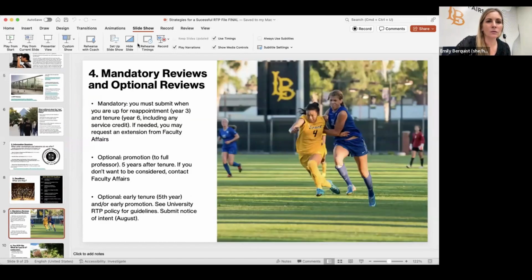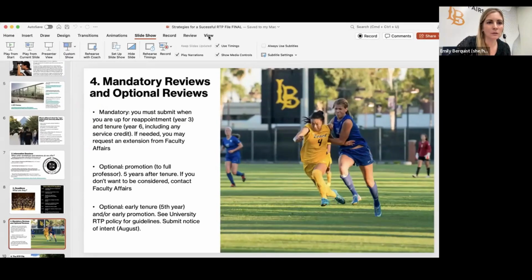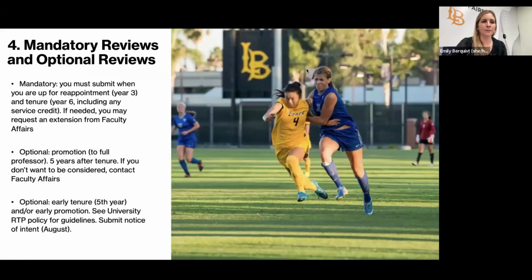Okay, so let's go to mandatory reviews and optional reviews. Some reviews you have no choice to undergo, and others you have some control over when you do them.